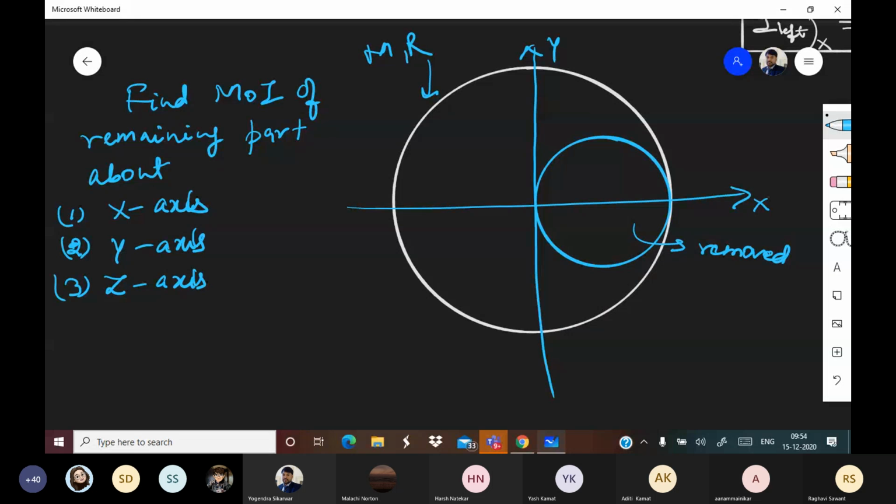Mind it. And if you want, I can quickly solve this for your benefit. At least one part. Which part do you want me to solve? Quickly tell me. X-axis or y-axis?